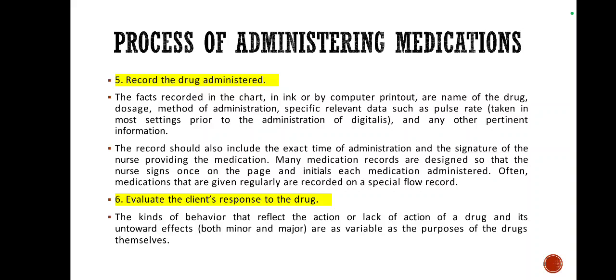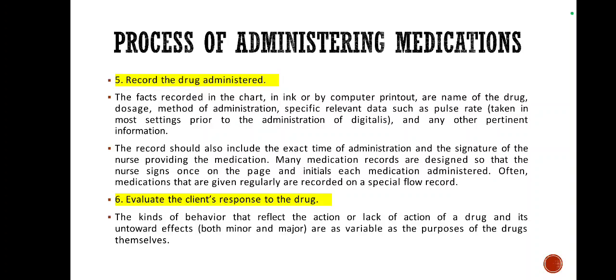So you have to check. Another example is your antipyretics, or medications used for lowering fever. If the patient is hypothermic, meaning below normal body temperature, then you have to recheck when giving the medication.